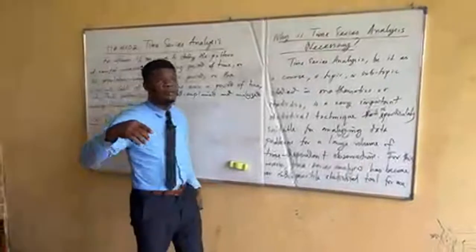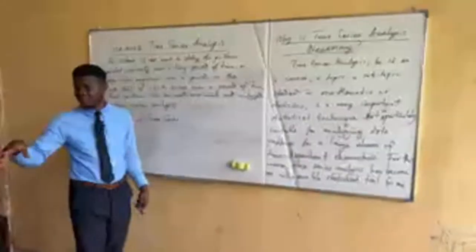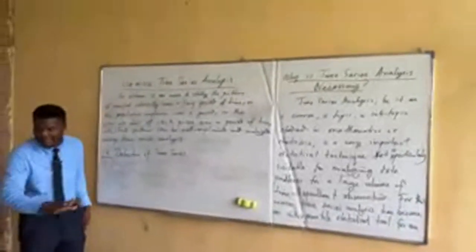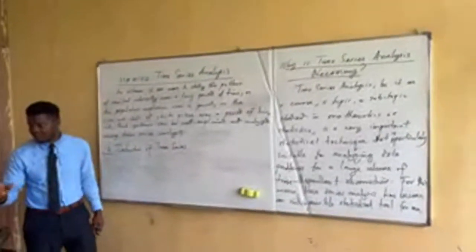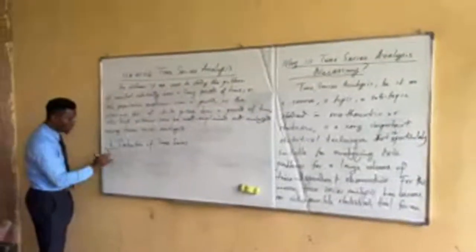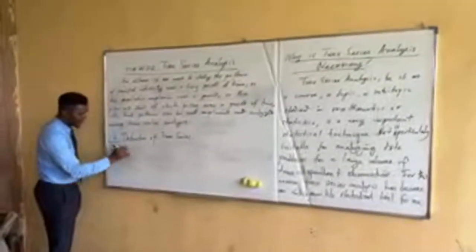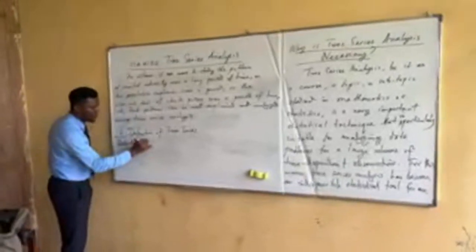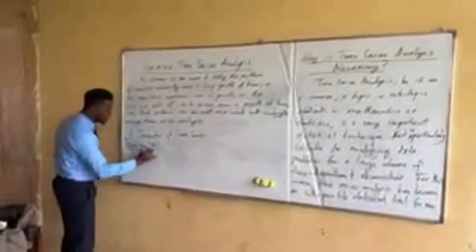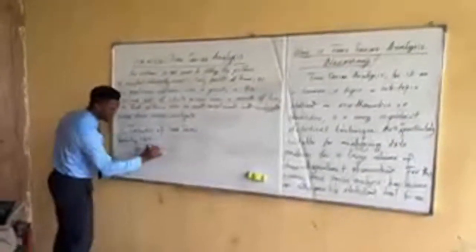So, before looking at the mathematical definition, let's start with an ordinary sentence that describes a time series. The first definition under this, we are going to call it definition 1.2.1.